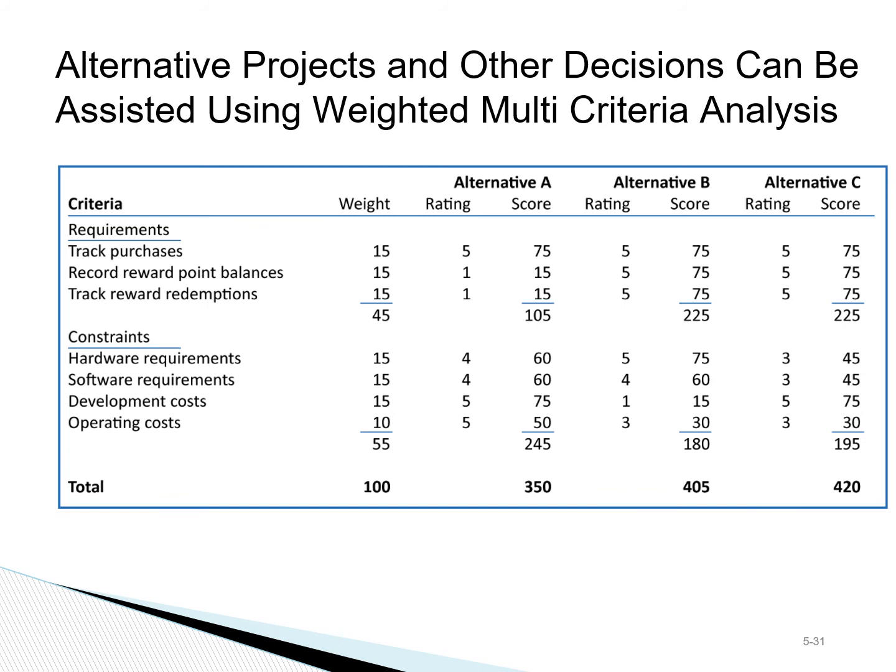Having that in place, we can rank a number of alternative ways of achieving the project in each of those areas, and having the weighting factor for each of those scores, we can rate each alternative in terms of which alternative satisfies our criteria the best.